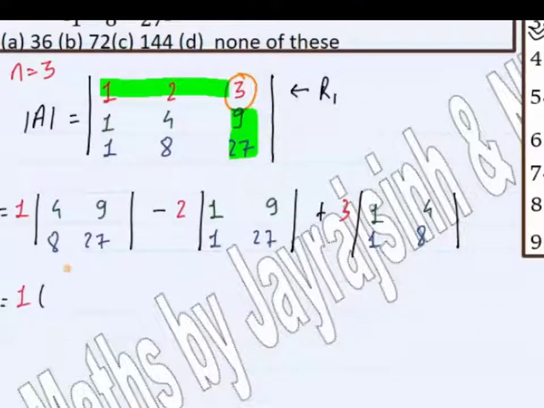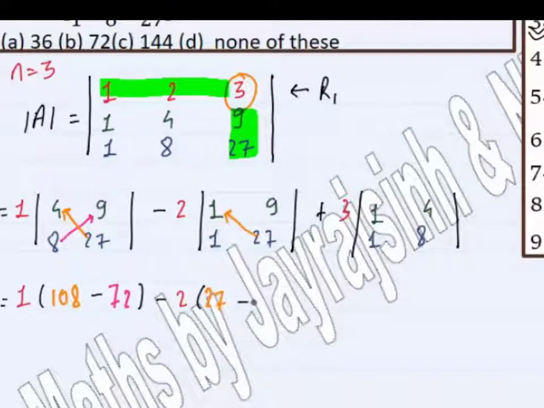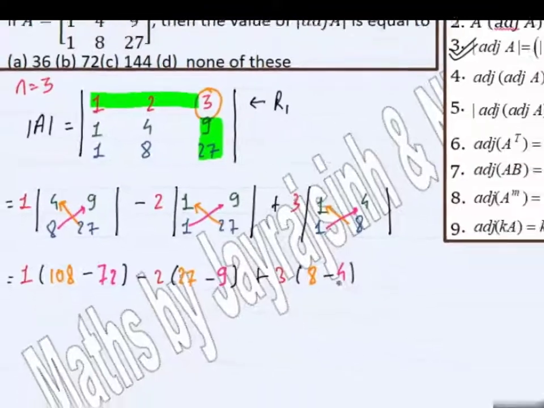1 will be as it is, 27 4s are 108 minus 8 9s are 72. Then minus 2 will be as it is, here 27 1s are 27 minus 1 9s are 9. Finally plus 3 will be as it is, and 8 1s are 8 minus 1 4s are 4.